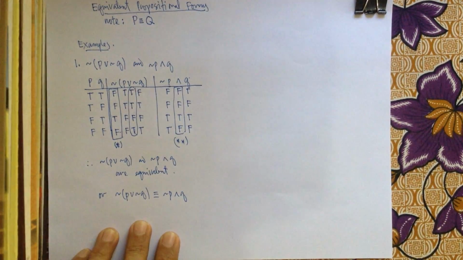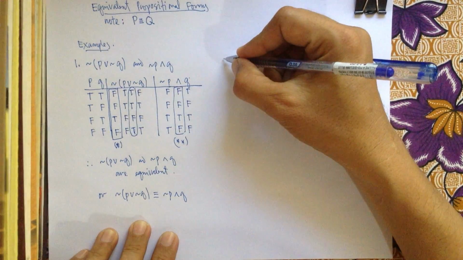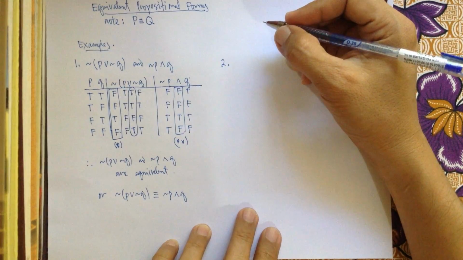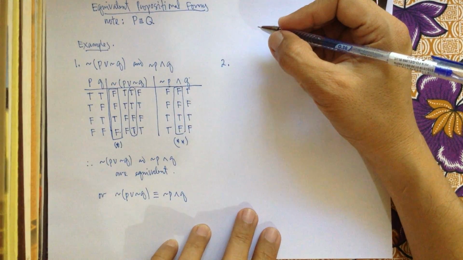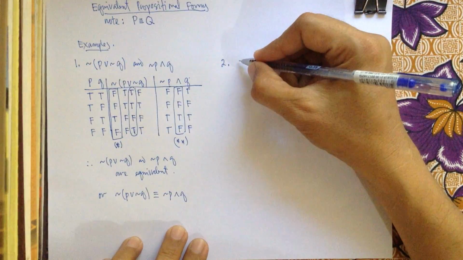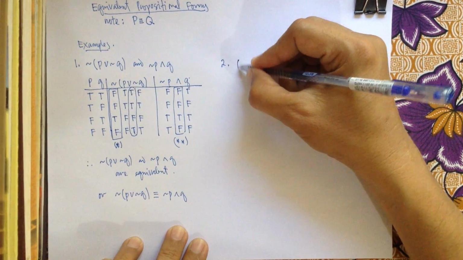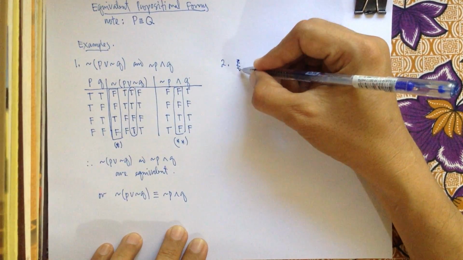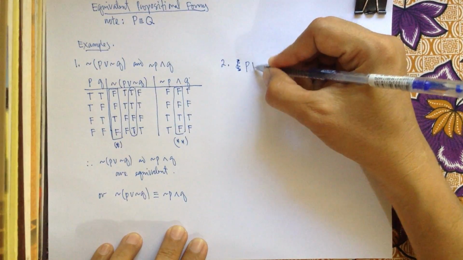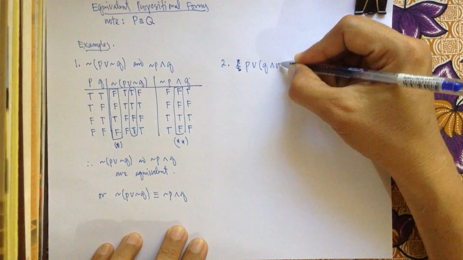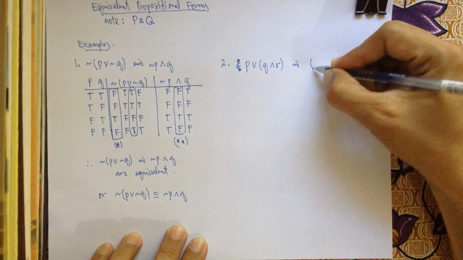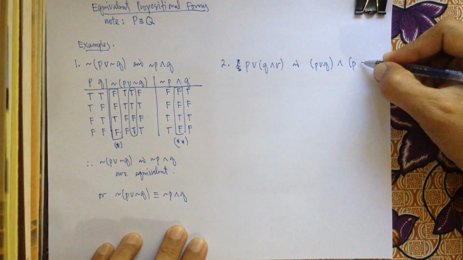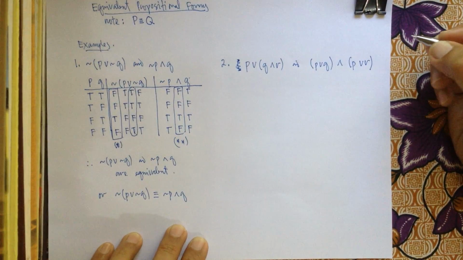Now for our second example, let's choose a more challenging problem. For example, determine whether the statement P or Q and R, and the statement P or Q and P or R, are equivalent.